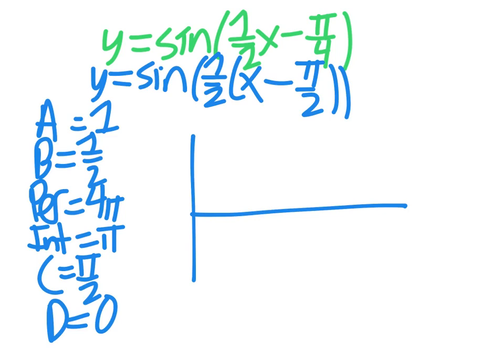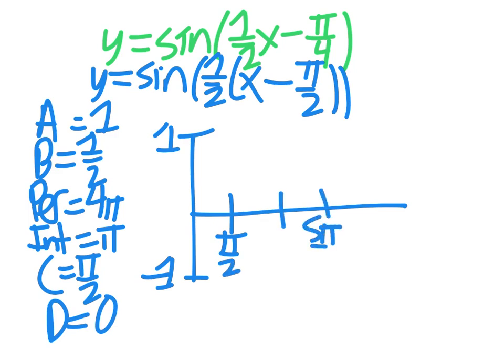We would have it going up to 1, going down to -1, and then we would have pi over 2, and this one would be 3 pi over 2, this one would be 5 pi over 2, 7 pi over 2, and then 9 pi over 2.